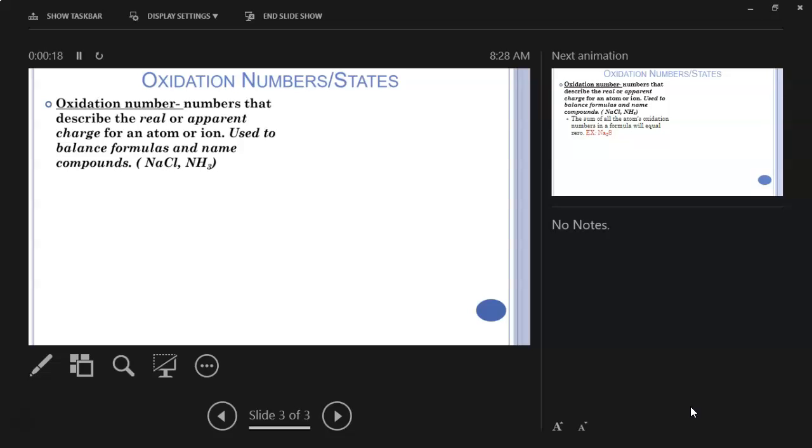An oxidation number is literally the charge on an ion. And let me explain what "apparent" means. Numbers that describe the real or apparent charge for an atom or an ion.